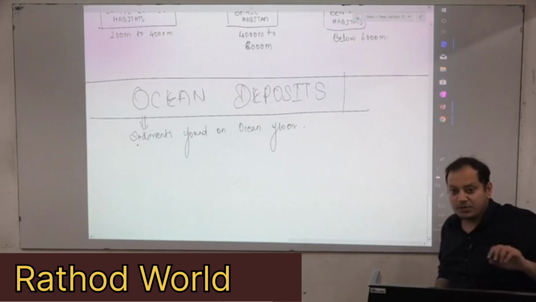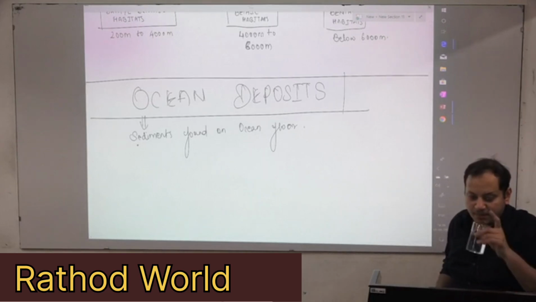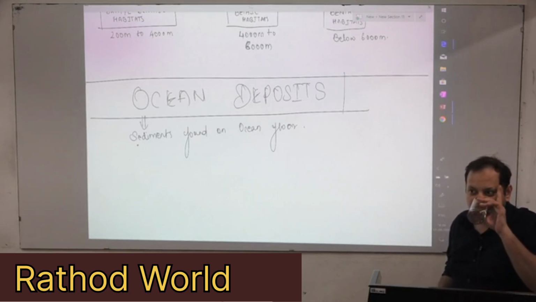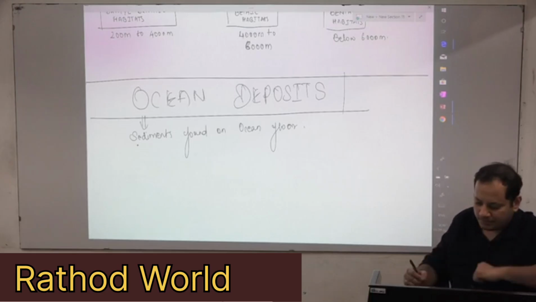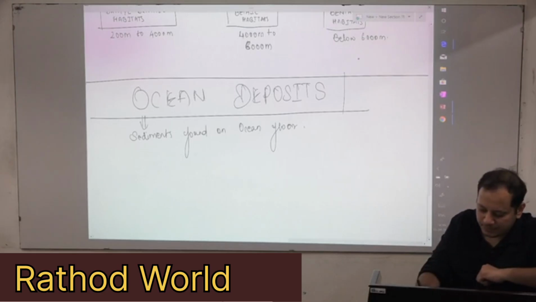Now tell me, what is the source of these sediments? That is detritus coming from the organisms, plus weathering of rocks, plus erosion and deposition by rivers.